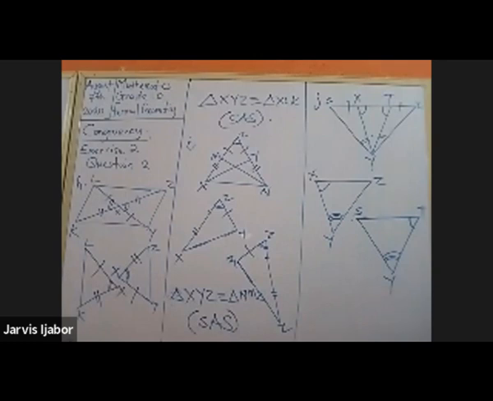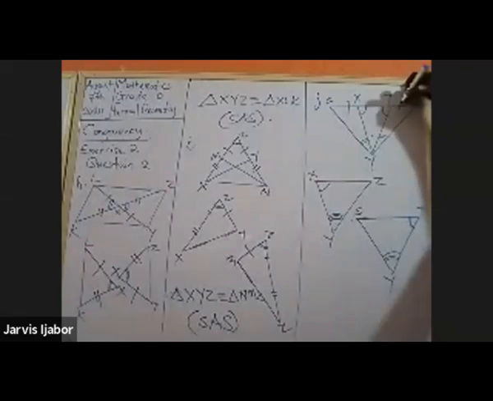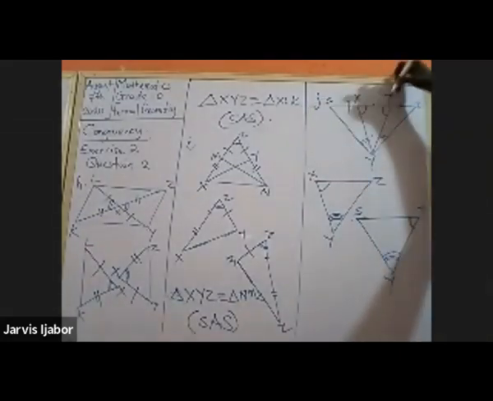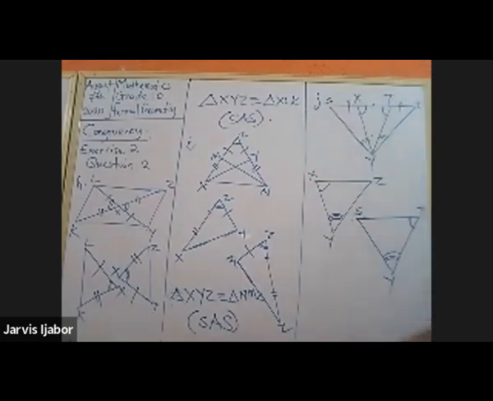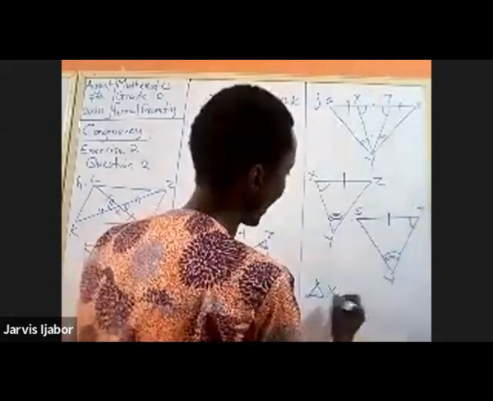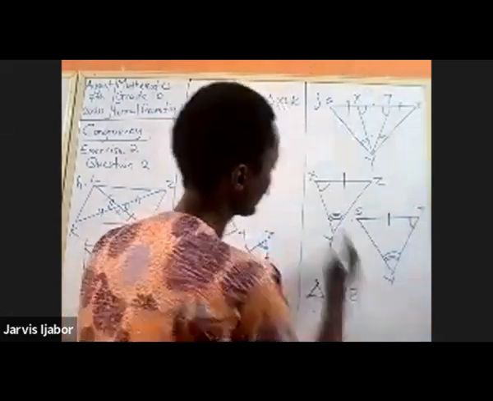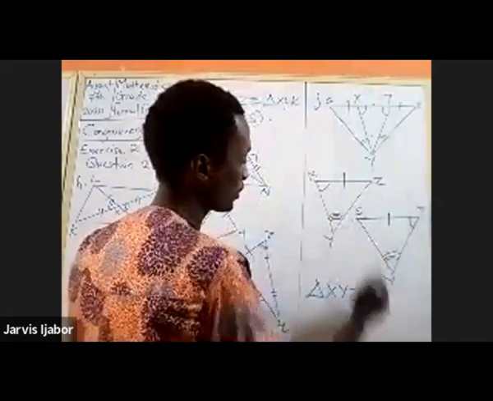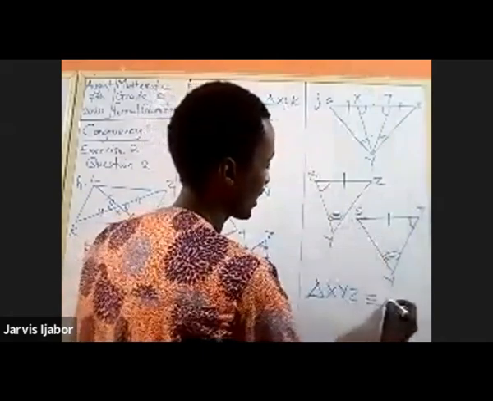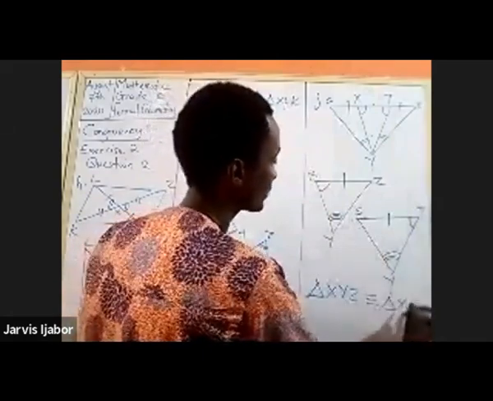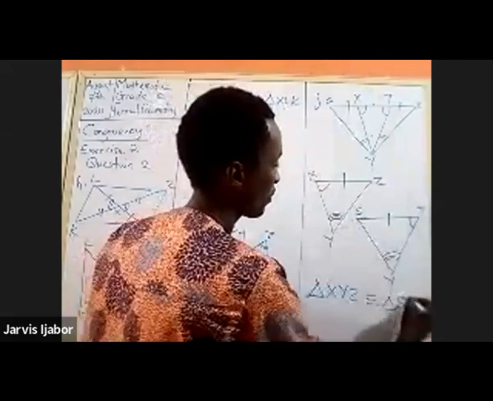And if these two angles are equal, let's check other relationship too. Now look at this one. If you look at this relation, there's a common space here, XY, XT. So to follow that, this side must be equal to this side. So you discover that triangle XYZ will be congruent to triangle XSYT.